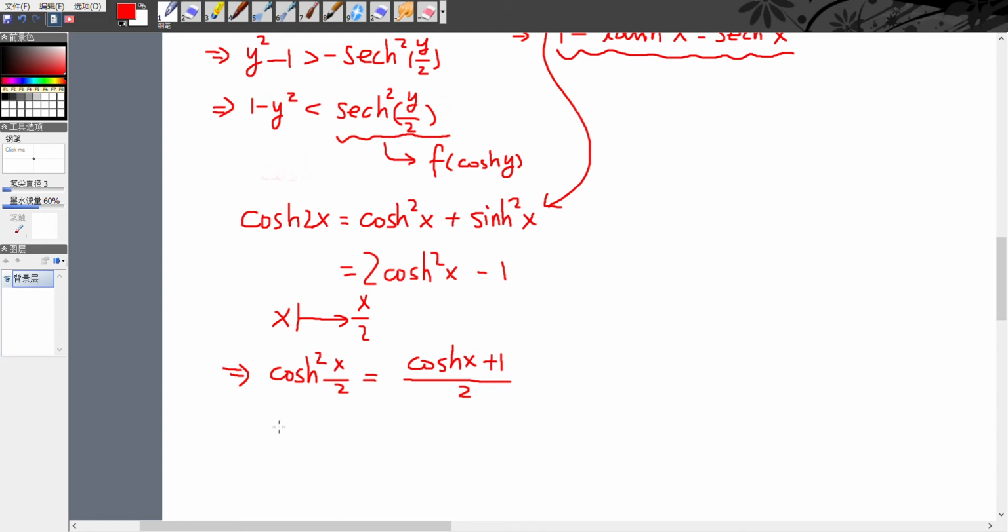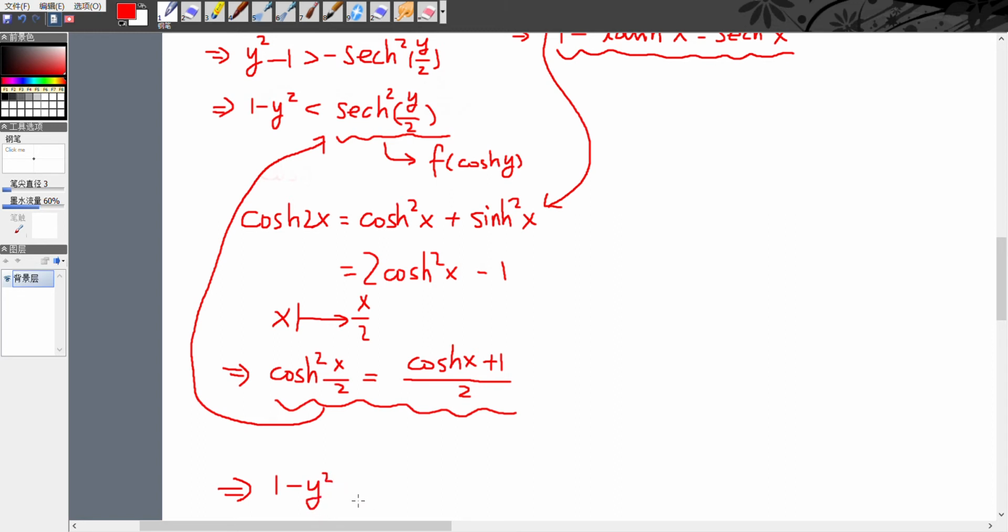And then substituting this result into this inequality, we will have 1 minus y squared is less than 2 over cosh y plus 1. Yes, I believe it is correct.